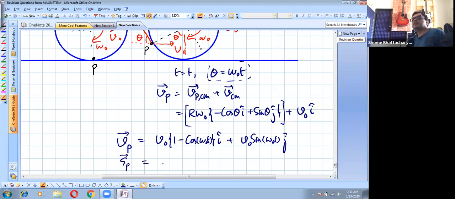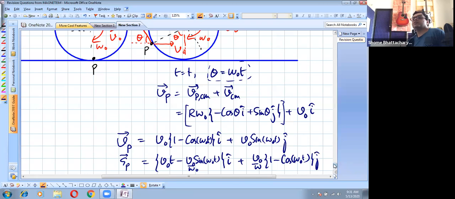It is v naught t minus v naught sin omega naught t by omega, that is the x component of displacement. And v naught by omega (1 minus cos omega naught t) j cap.